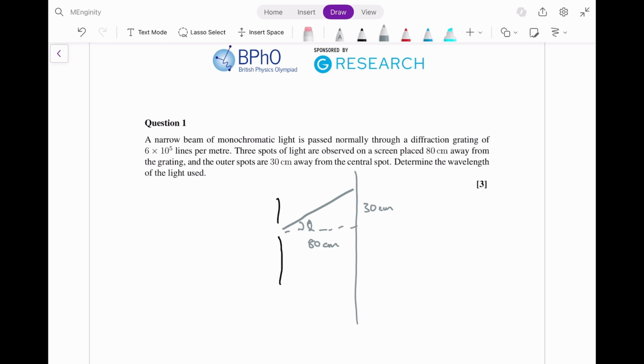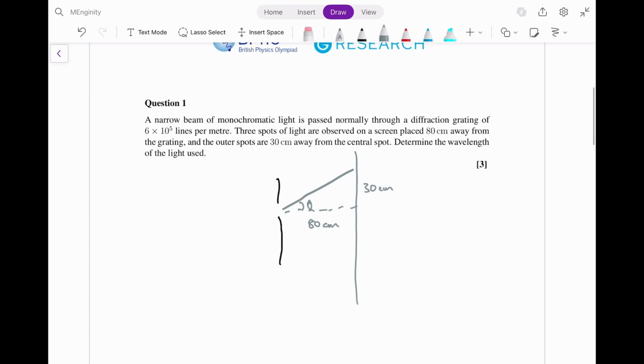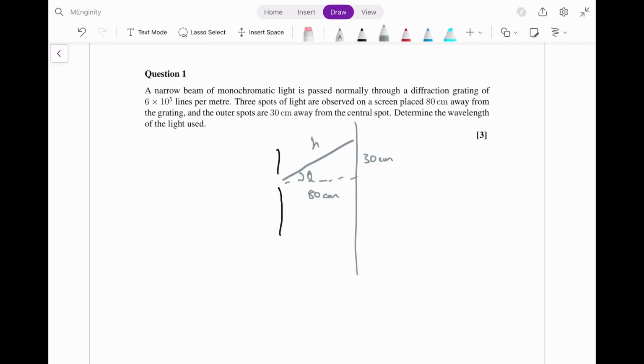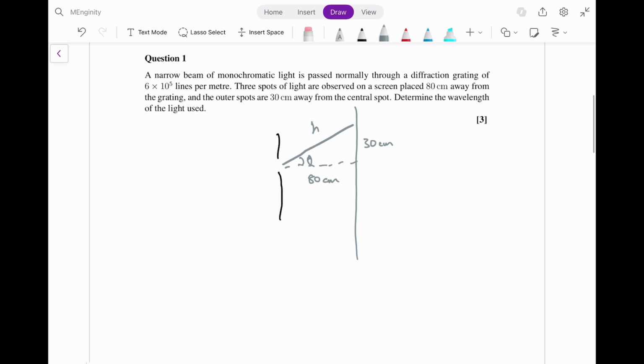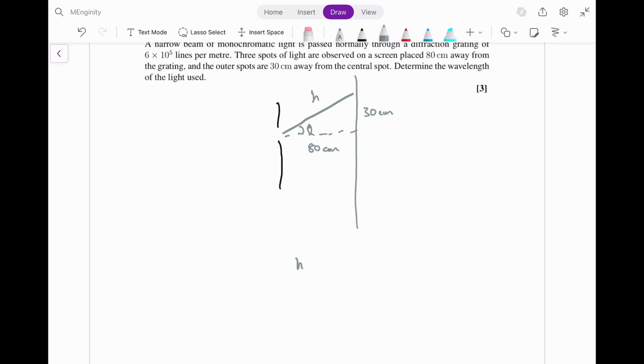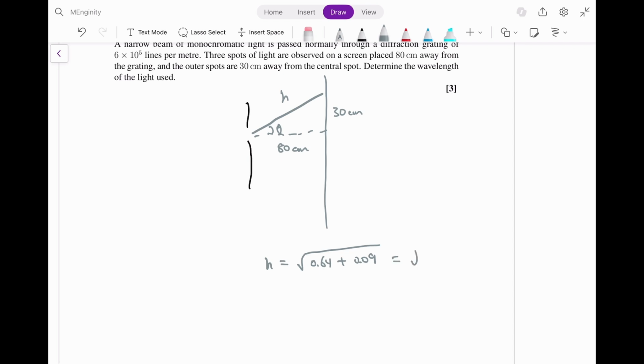Okay, so because the equation we want to use is d sine theta, I'm going to use Pythagoras, in order to create an equation for sine of theta in terms of the ratio. So basically the hypotenuse will be equal to, in meters, the square root of 0.64 plus 0.09, which is equal to the square root of 0.73.